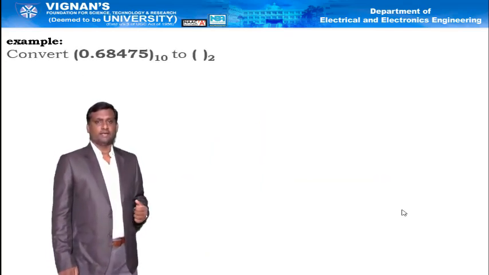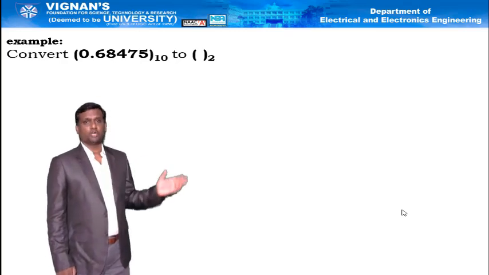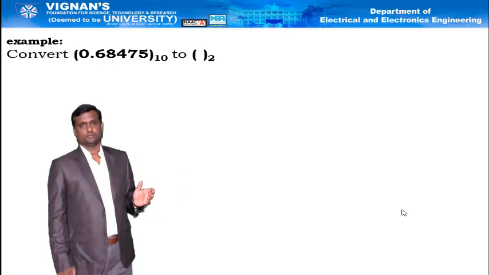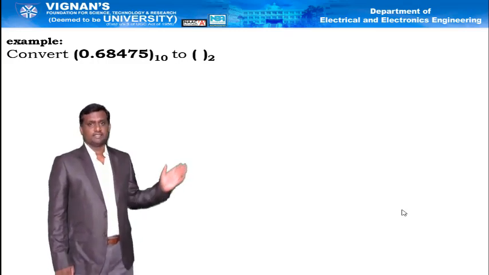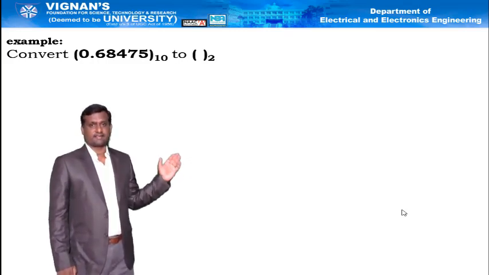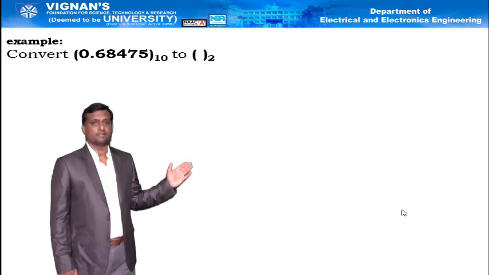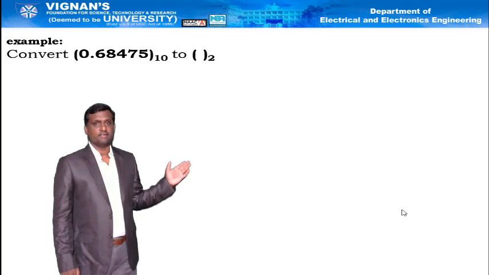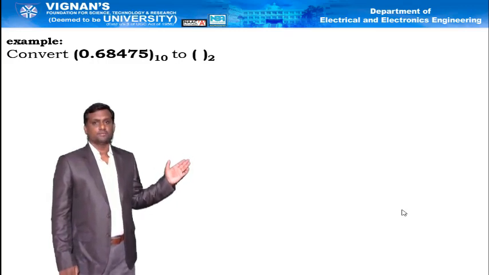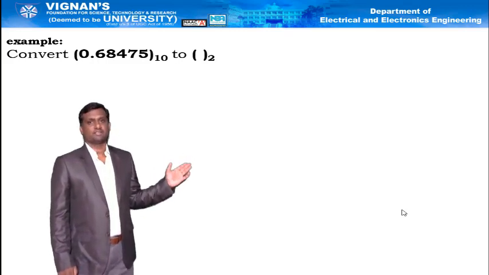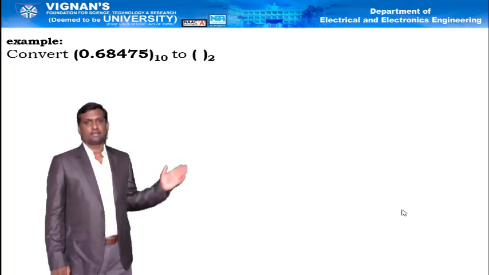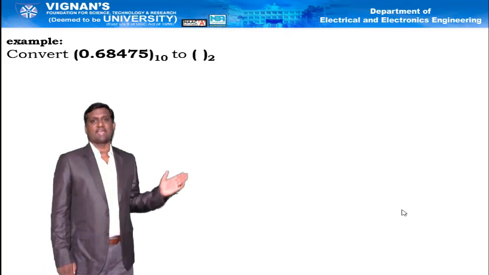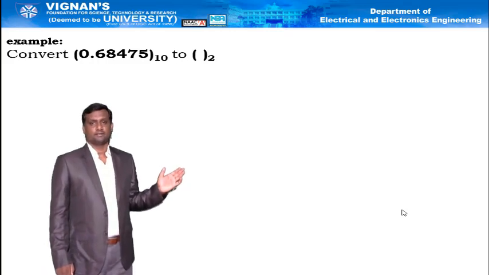The next example, convert 0.68475 base 10 into base 2. If you see, this is the fractional part. There is no integer part, it has only a fractional part. For the fractional part, we have to multiply with 2 and note down the carry part separately.